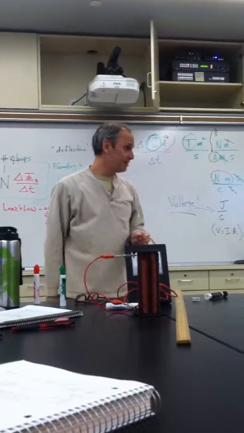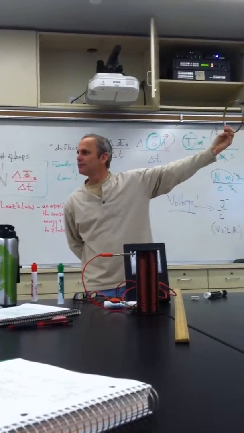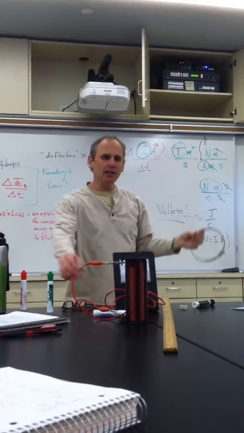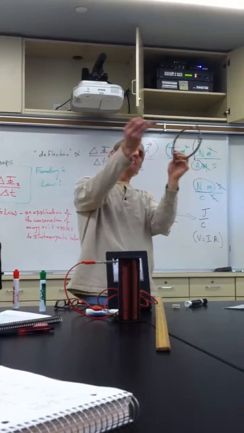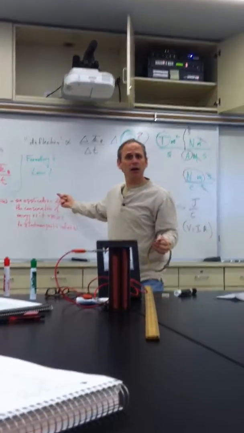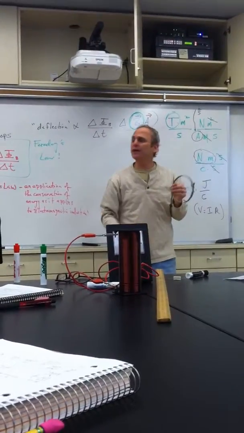Watch what happens. You guys, this thing is minding its own business. Nothing's happening. It's just a loop of wire. When suddenly this magnet approaches it, and it produces current, according to Faraday's law, because there's changing flux through it. So charges begin to move in it.